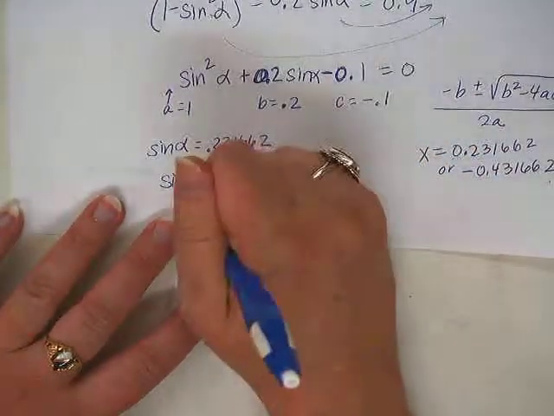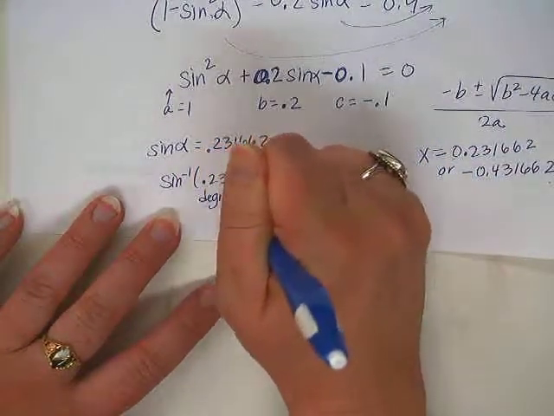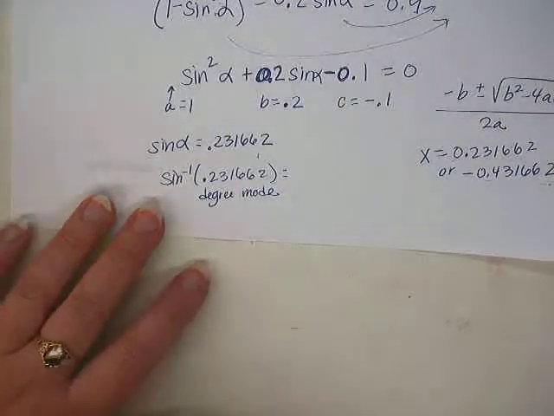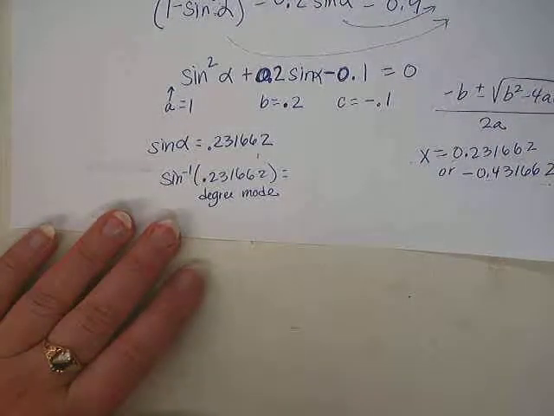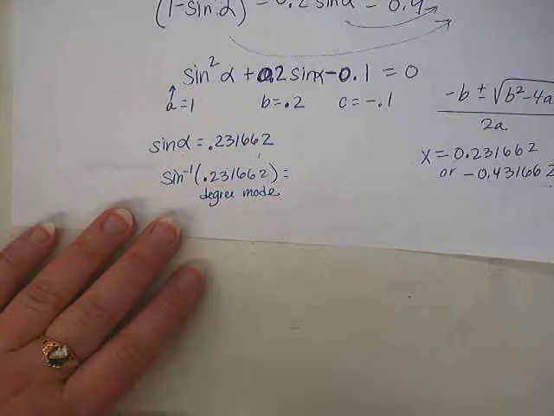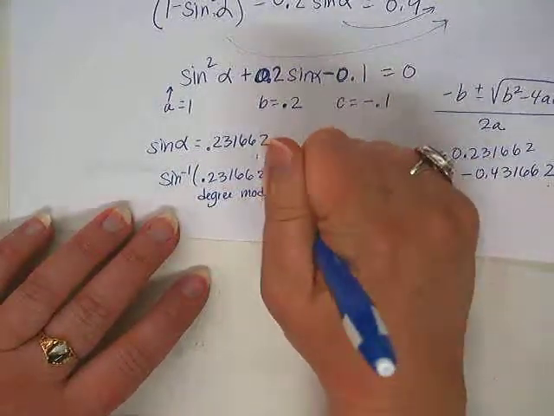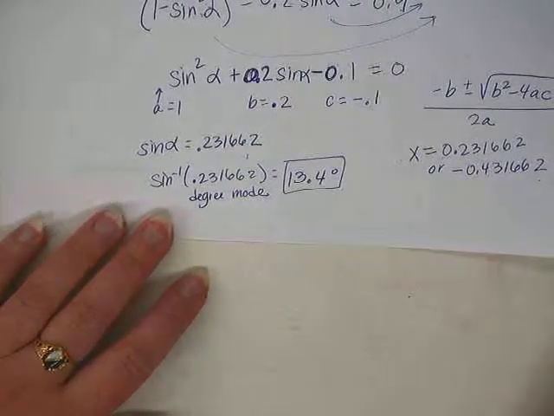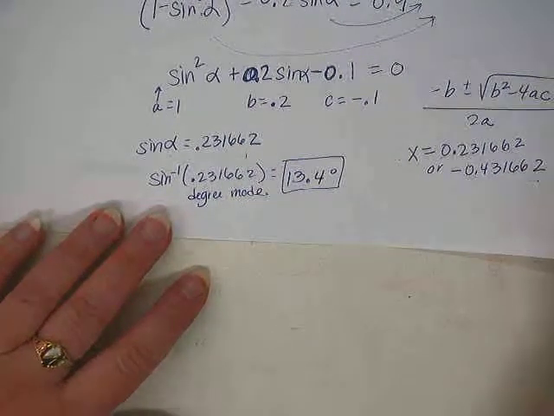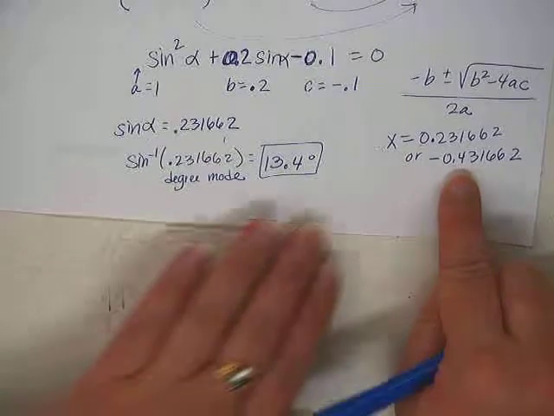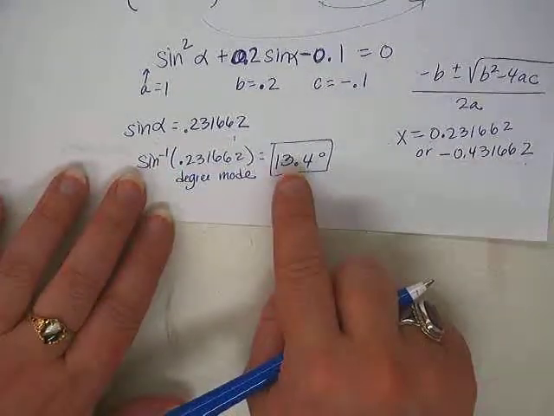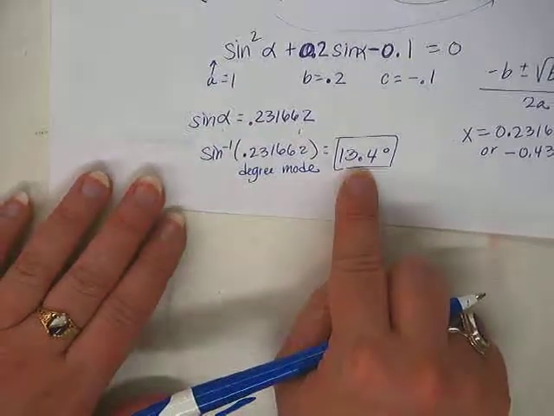And what did I say I wanted your angle in, what range of numbers? 0 to 360, so in degrees. So that means we want our calculator in degree mode this time. All right, so everyone punch that in for me. Tell me what you get. Okay, we have 13.4 degrees for quadrant 1.